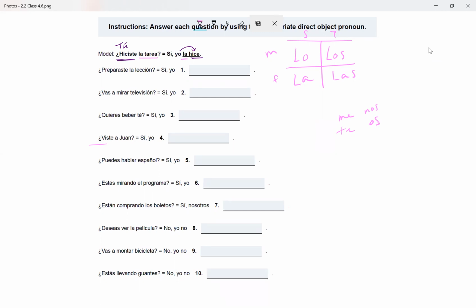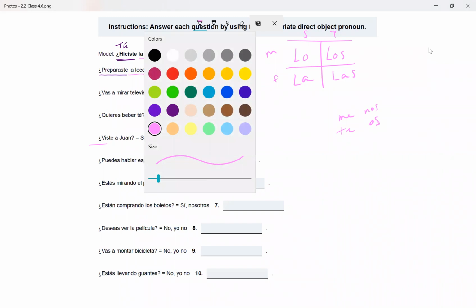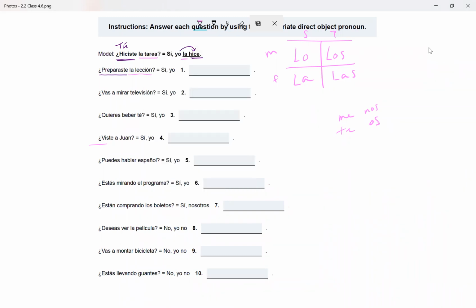¿Preparaste la lección? What's the direct object in that question? La lección. What kind of word is preparaste? A verb. Right? So what we're going to replace in the sentence is always the direct object. We're going to be replacing the direct object, and we're not replacing the verb, we're just changing it. Okay? So la lección is singular and feminine, and we can tell by the la.